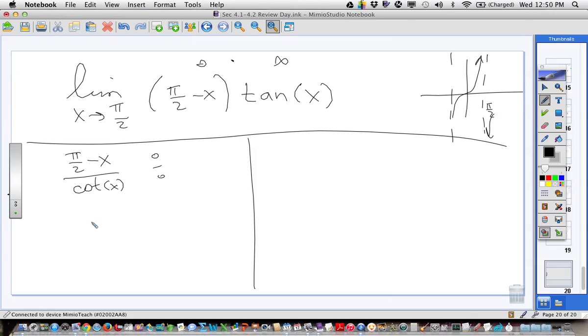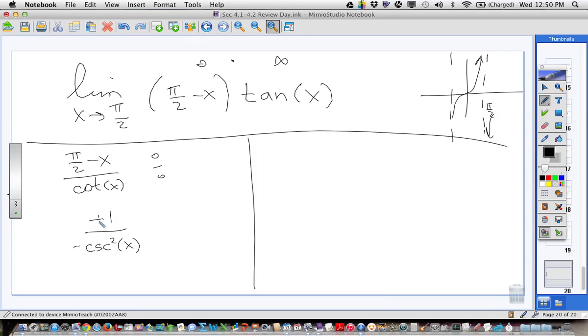So the derivative at the top is negative 1. What's the derivative of cotangent? Negative cosecant squared. Now that might be a reason to not do it this way. If you don't know the derivative of cotangent, you might want to avoid this. Okay? It's that. Now, cosecant is a reciprocal of sine.